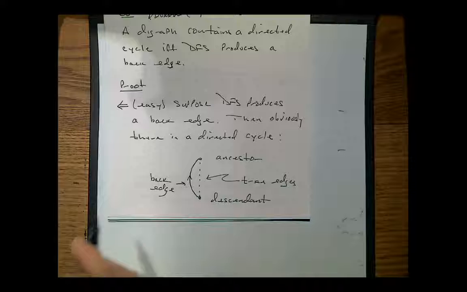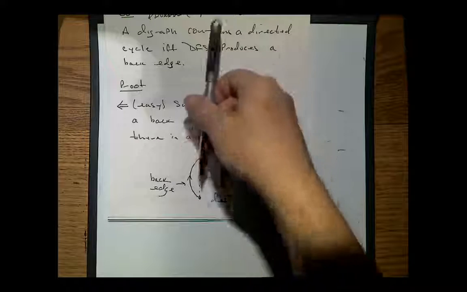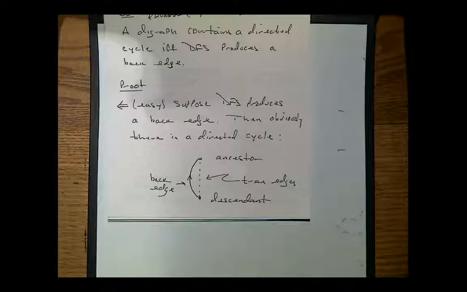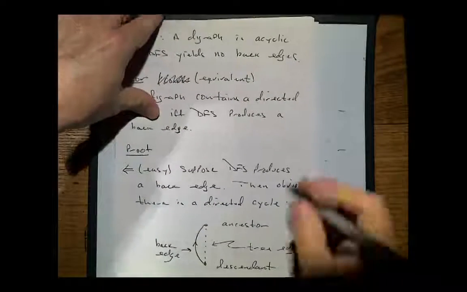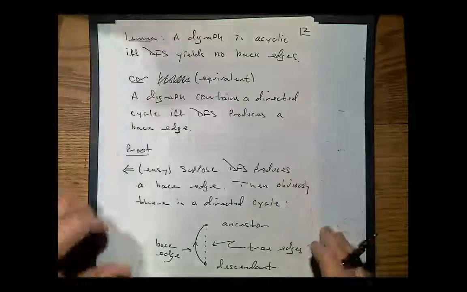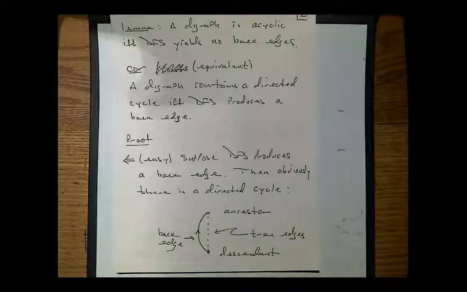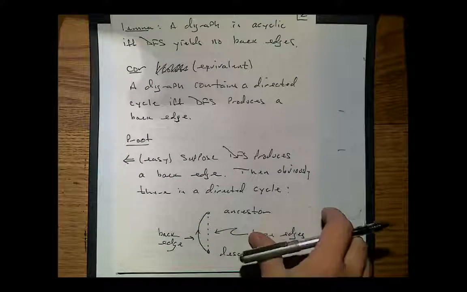And this is your directed cycle. Okay? Remember, the directions of the edges are always going to go down. Okay, that's the easy direction. I consider that too easy for the exam. But you should know it anyway.